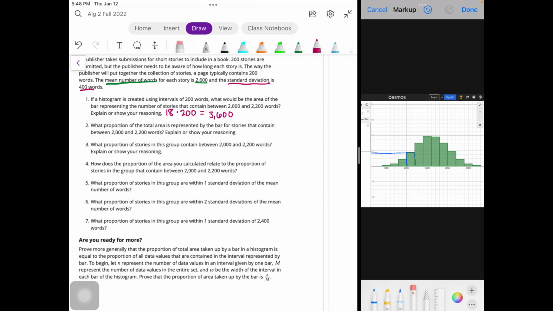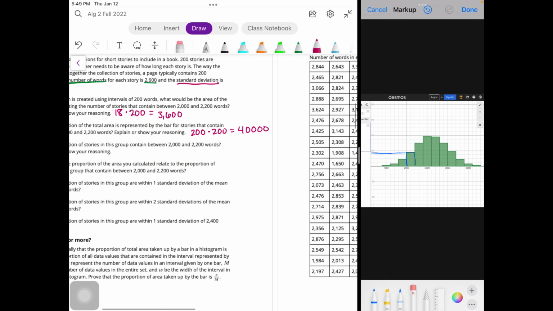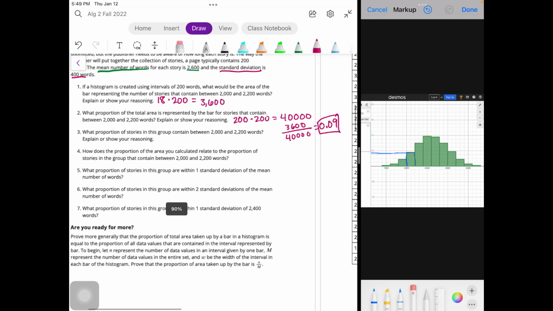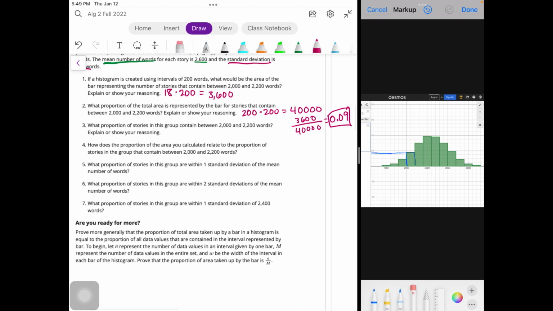So that would be 200 times 200 is the total area, which is 40,000. And so if we want that proportion, we do 3,600 divided by 40,000. And if we put that in the calculator, we would get 0.09. So that would be the proportion of the total area.